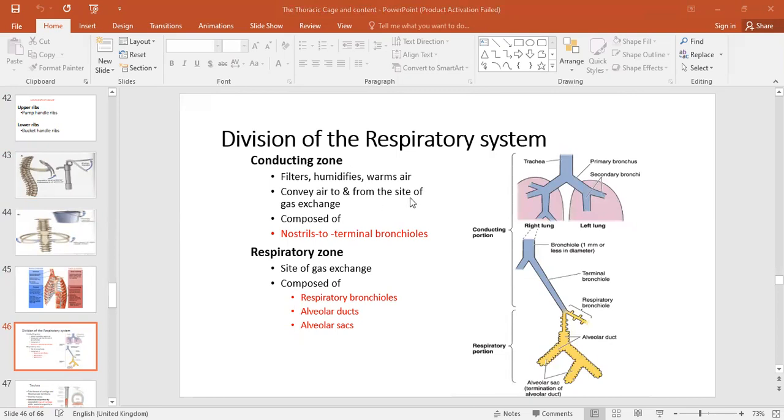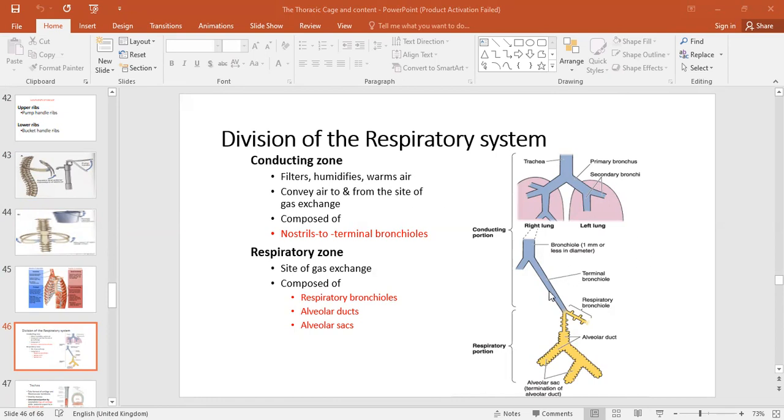So the conduction zone involves all structures from the nose all the way down up to the terminal bronchioles. So that is nose, pharynx, larynx, trachea, bronchus, bronchioles. Now there are two types of bronchioles in the lungs. We have respiratory bronchioles and terminal bronchioles.